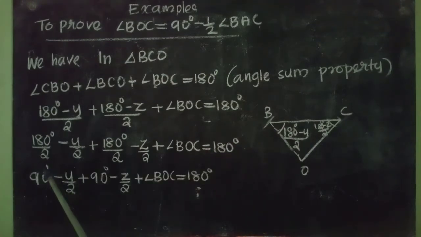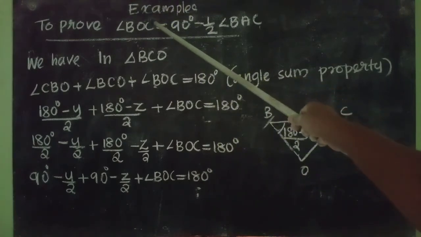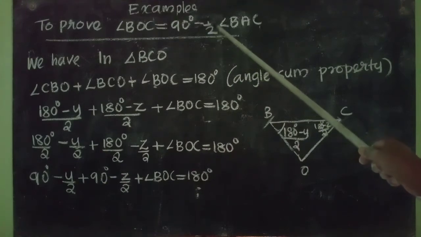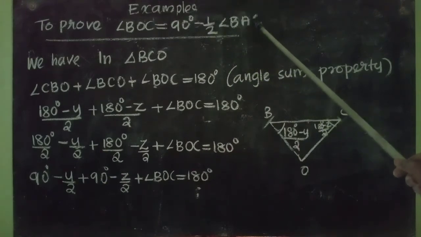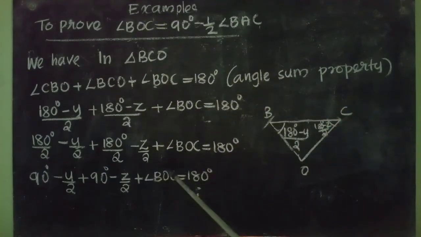So we get 90 degree minus y by 2 plus 90 degree minus z by 2 plus angle BOC equal to 180 degree. We need to prove angle BOC equal to 90 degree minus half angle BAC. So let us keep this angle BOC in the left side.